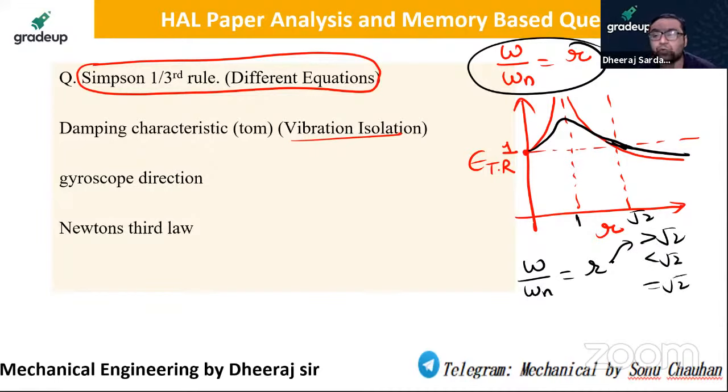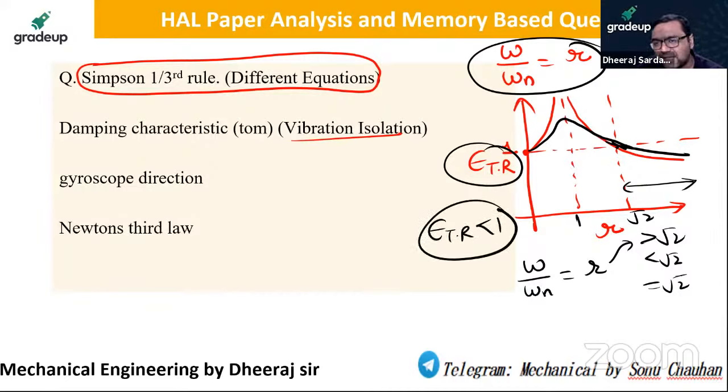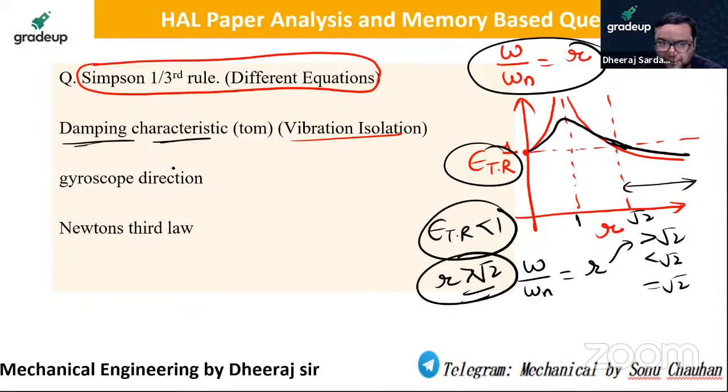So my dear, the operating range is going to be after root 2 only, because the transmissibility ratio tells how much force is going to be transferred. So the transmissibility ratio should always be lesser than 1, and it is less than 1 only when R is more than root 2. That point was very important. So guys, from this the question was there from damping characteristics.